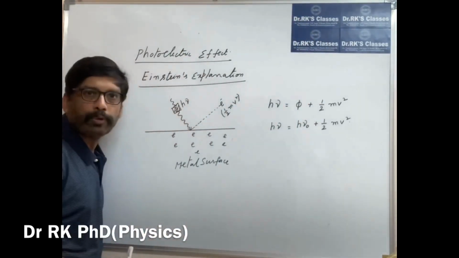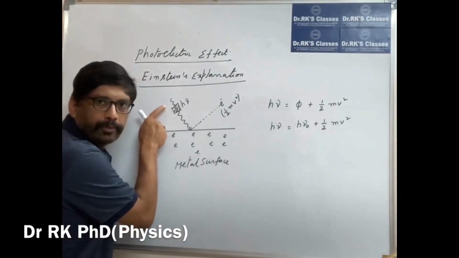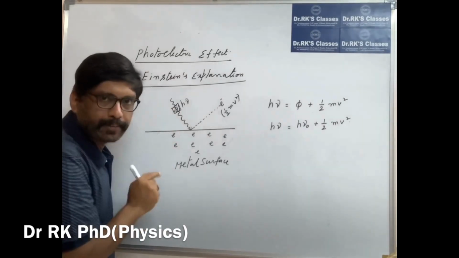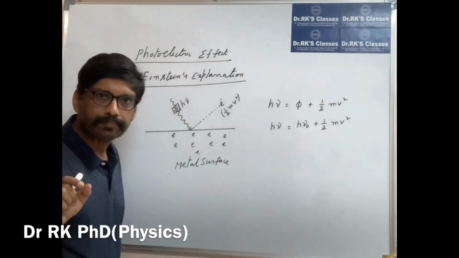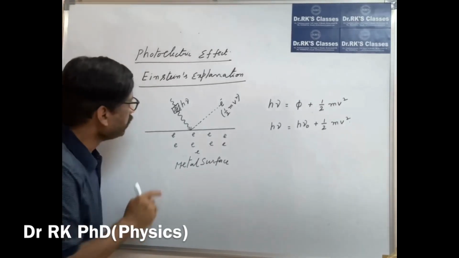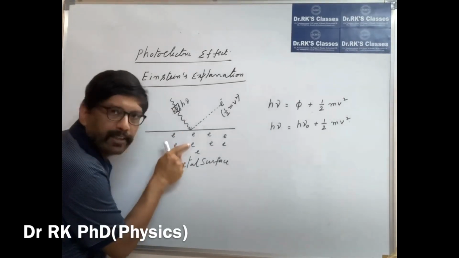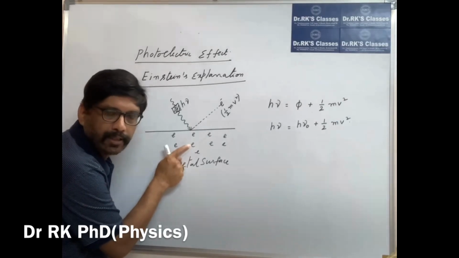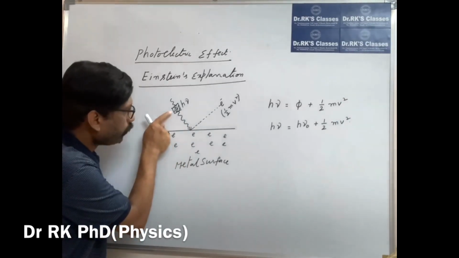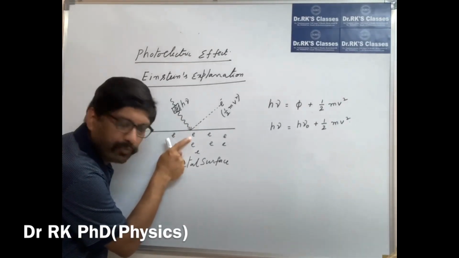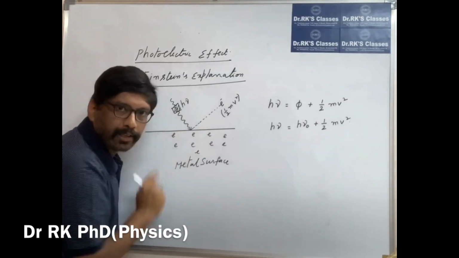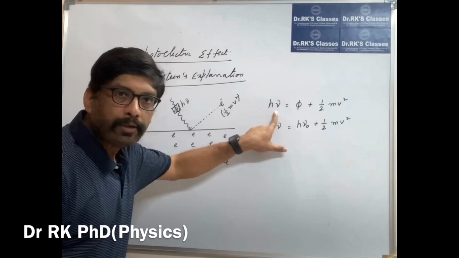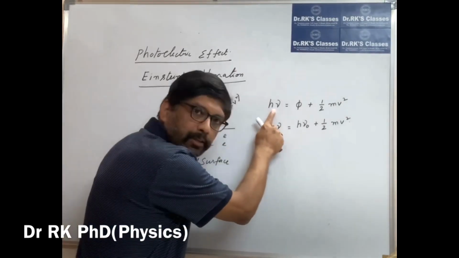Einstein used Planck's quantum theory, that is, light is a stream of photons. When a stream of photons is incident on a metal surface, a collision takes place between a photon and a bound electron of the metal surface, and the energy is transferred to the electron.